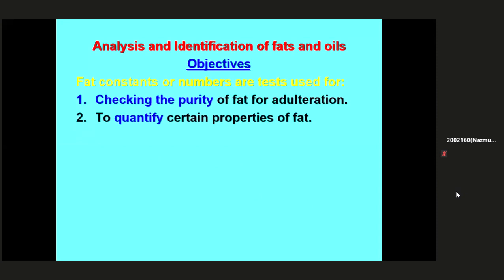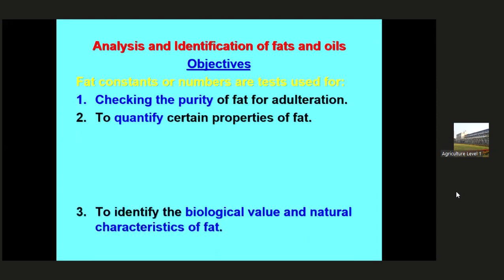Then the quantity: how much of these adulterants has been added? Is it within the limit or over the limit? If it is within the limit of consumption, you can take it. Otherwise, you have to discard it because it will be very harmful for your health.